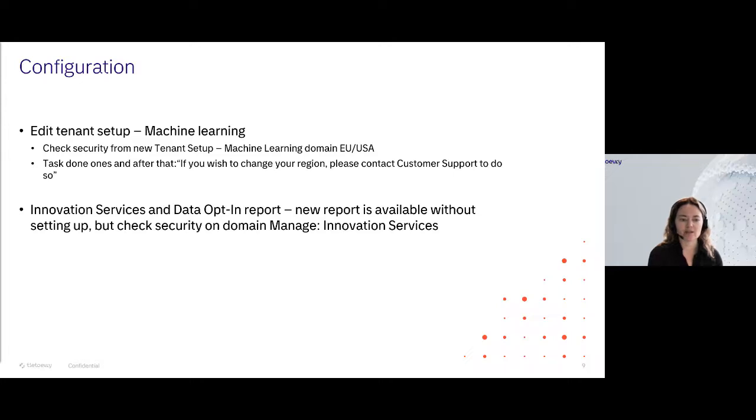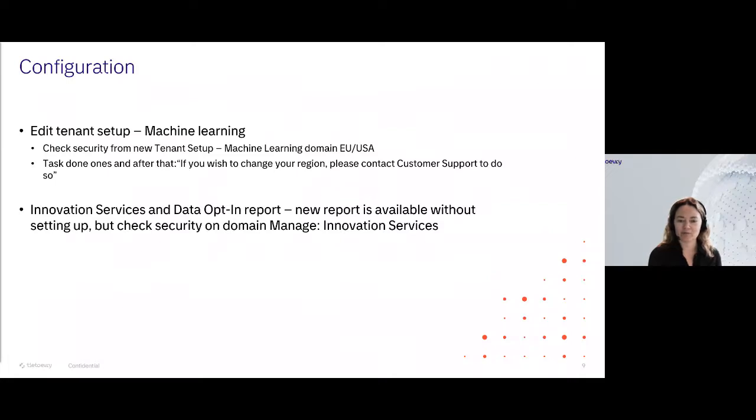For the configuration, if wanted, you need to do the task Edit Tenant Setup Machine Learning, and after you do it once, the task will say that you cannot change it. So if you want to change it after selecting it once, then you need to contact customer support.